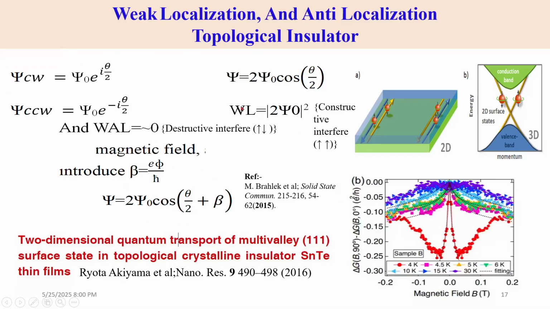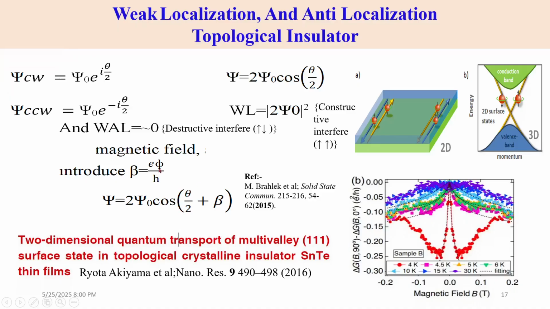But one important thing is that in weak localization, the electron behaves like a standing wave at a certain region, meaning the electron is fixed in a certain region. It is localized and cannot go here and there, due to which the conductivity is suppressed. But with the magnetic field, we are discussing the weak anti-localization signatures.